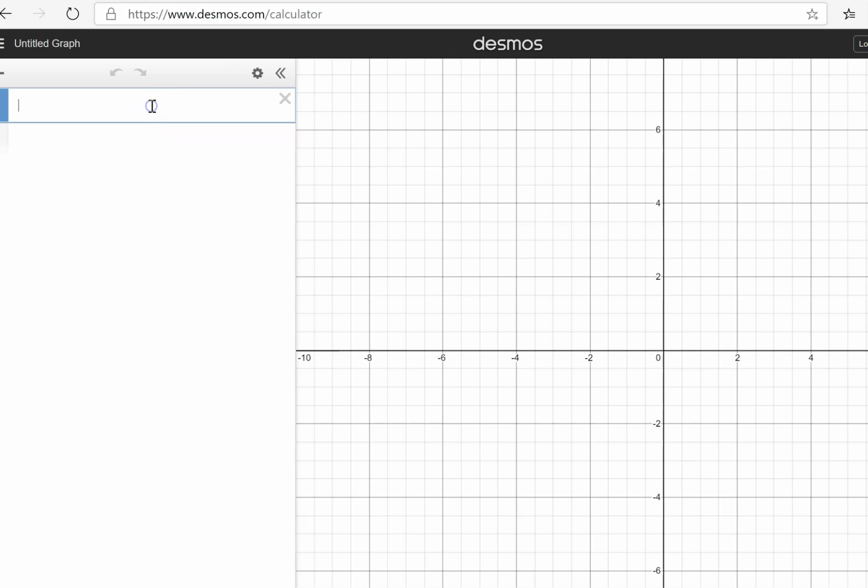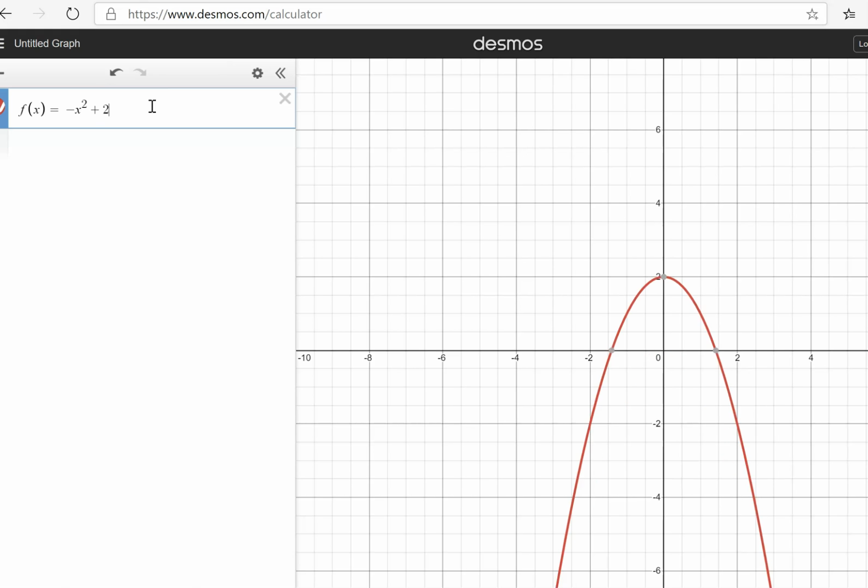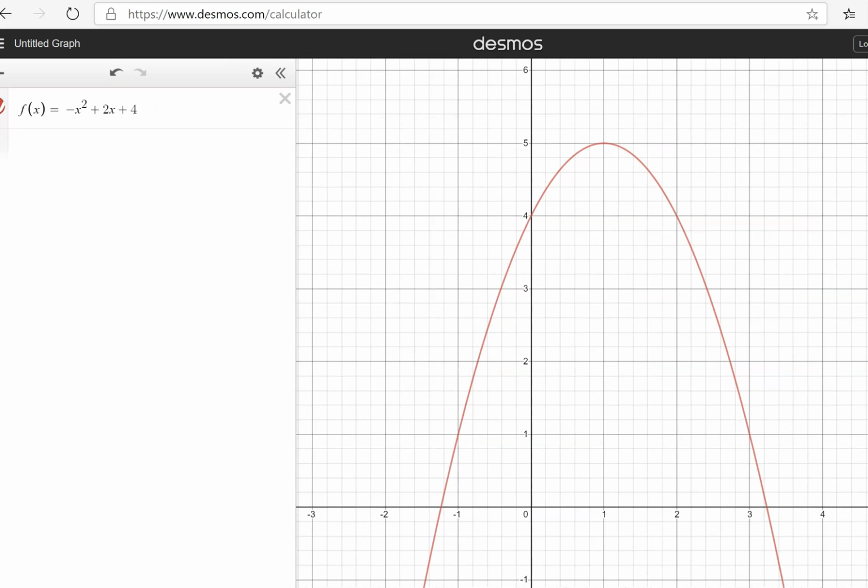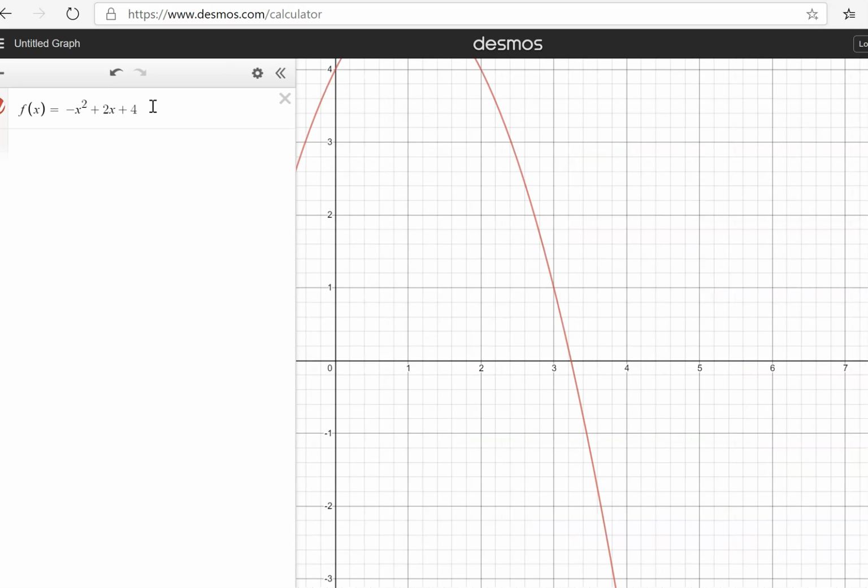Let me type in my function. So this was our little guy there.